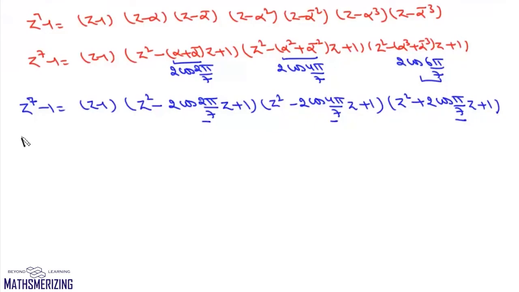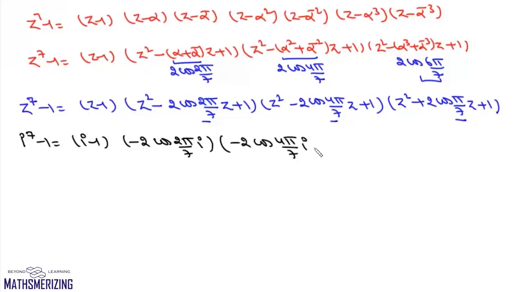So it will be iota to the power 7 minus 1 equals iota minus 1, and then we'll have minus 2 cos 2 pi by 7 iota, minus 2 cos 4 pi by 7 iota, and then 2 cos pi by 7 iota. Now this minus and minus will be plus. Now iota to the power 7 is iota cube, which is minus iota.